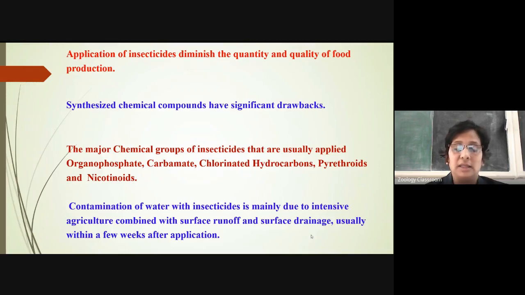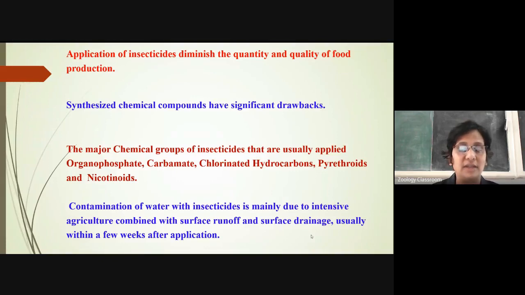Hence, pollutants such as insecticides may significantly affect certain physiological and biochemical processes, and different kinds of insecticides can cause serious impairment of the health status of fishes. This is the introductory part of aquatic toxicology.